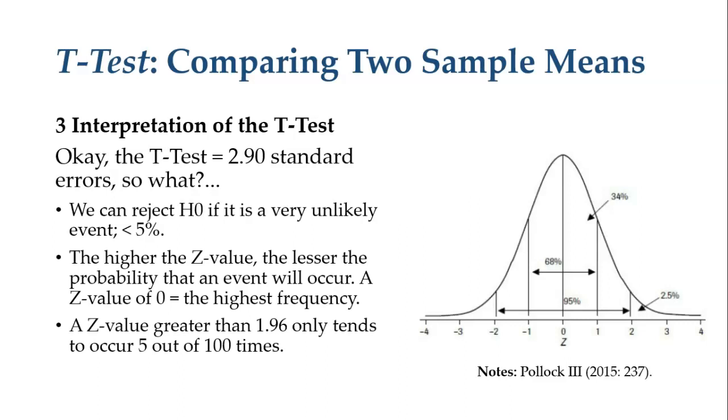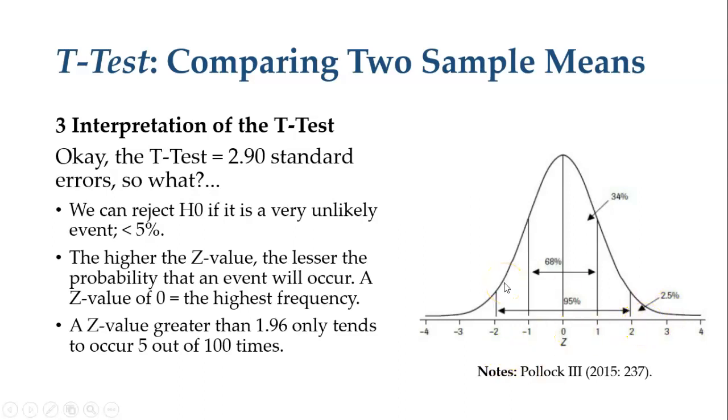Remember this: most of the scores of our distribution in a normal distribution will be within more or less 1.96 z-values. Look at here, it's almost 2, or say 2 z-values. What does it mean? It means that only 5% of the events will be likely to occur with values higher than 1.96 or 2 z-values, okay?